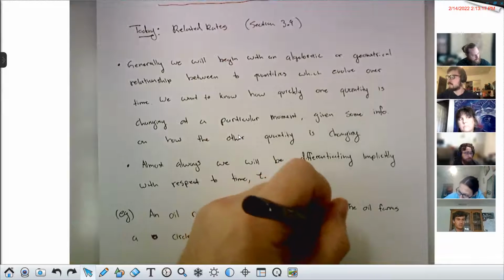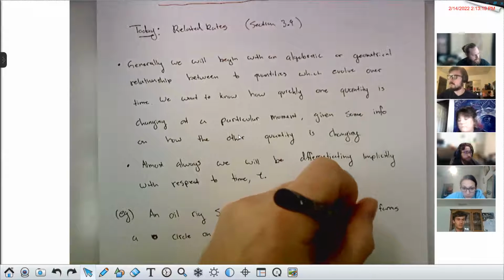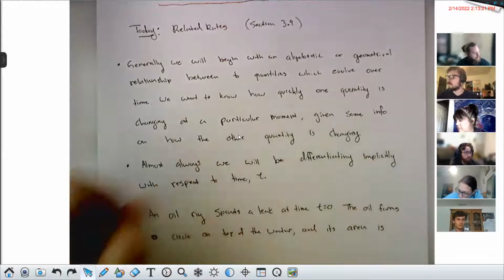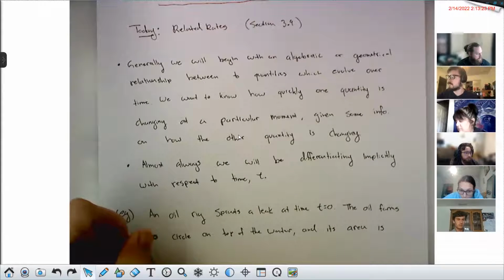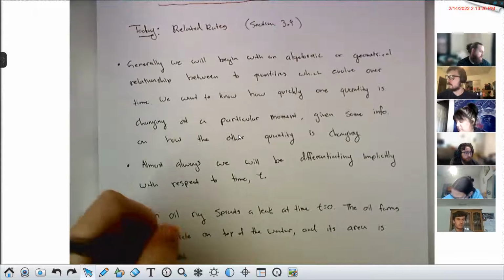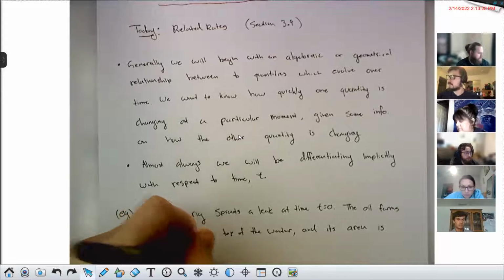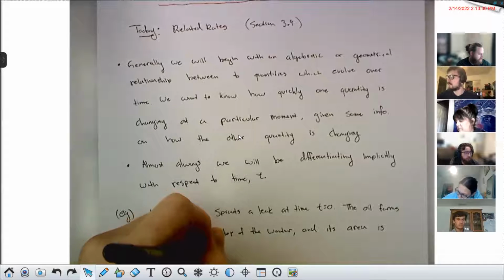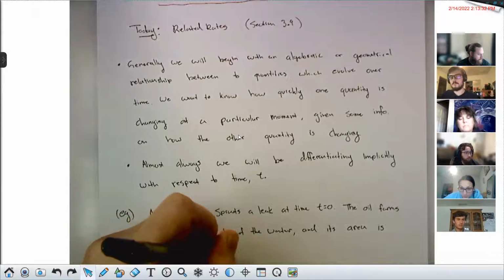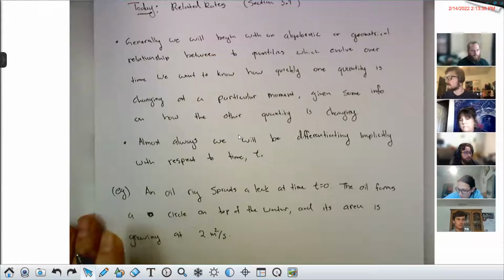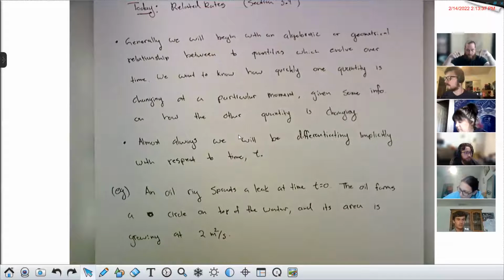And its area is growing at, let's say, 2 meters squared per second. So this means that if you're looking down from above at this oil leak, which is sitting on top of the water, it's a circle, and that circle is growing. Its area is increasing 2 square meters every second.